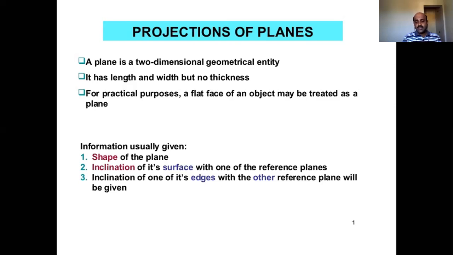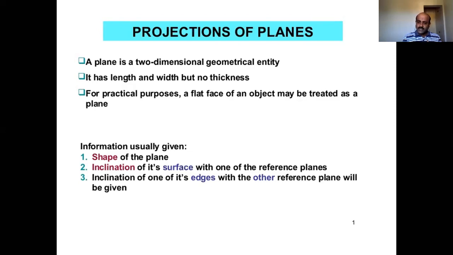So here I have given the information usually given: the shape of the plane. The shape might be a triangular lamina, or a square, or a rectangle, or a pentagon, or a hexagon, or a circle. So these are the six types of planes we are going to discuss in our engineering graphics.